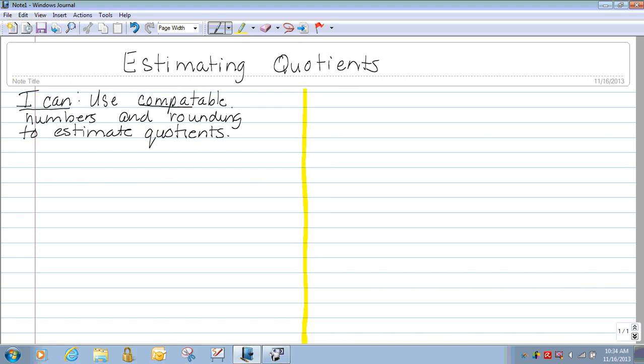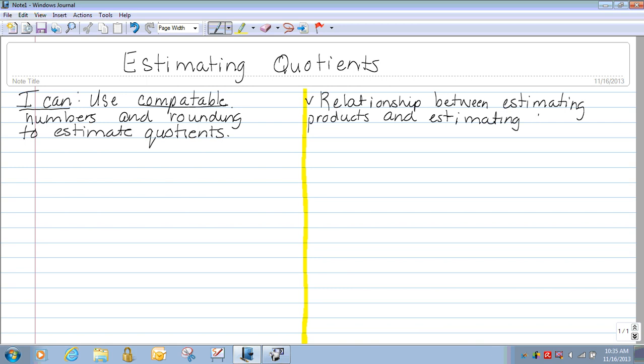Remember, compatible numbers are numbers that go together. We are going to need to remember that there is a relationship between estimating products and estimating quotients.